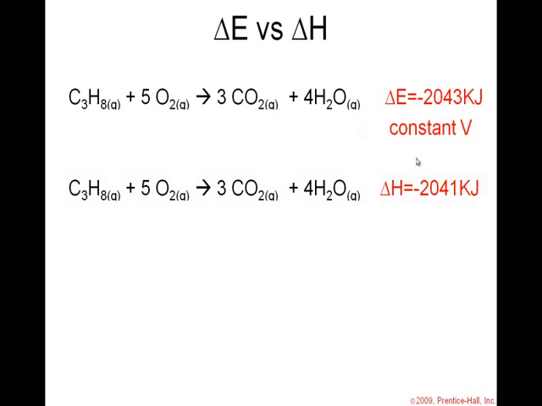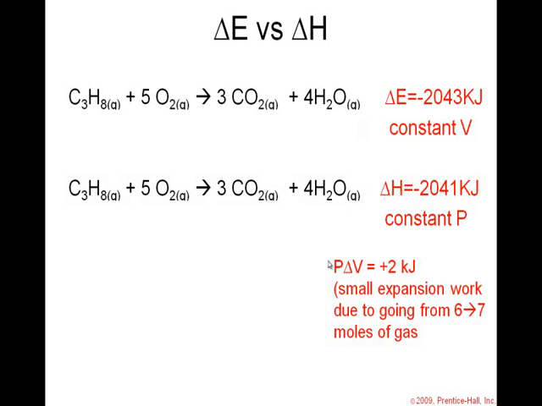If I do the same reaction at constant pressure, I get almost exactly the same amount of energy as my enthalpy. So my enthalpy and my energy are almost identical. So the P delta V is tiny. We're talking about a difference of 2 kilojoules, less than 0.1%.